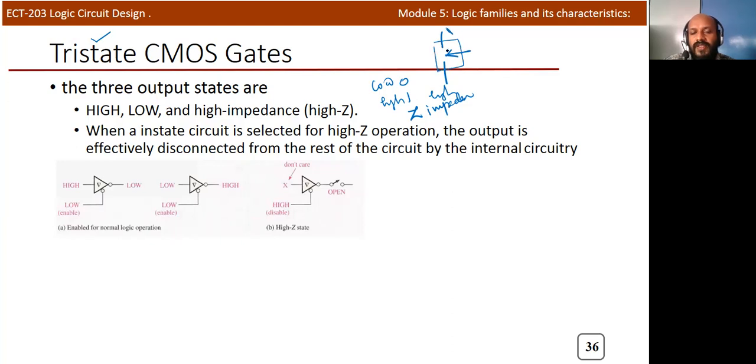This terminal is plus 5 volt, and this terminal is ground potential. Say this is terminal 1, this is terminal 2, and this is terminal 3. If it is at terminal 3, there is no connection with 1 or 2, so it is placed in a high impedance state.